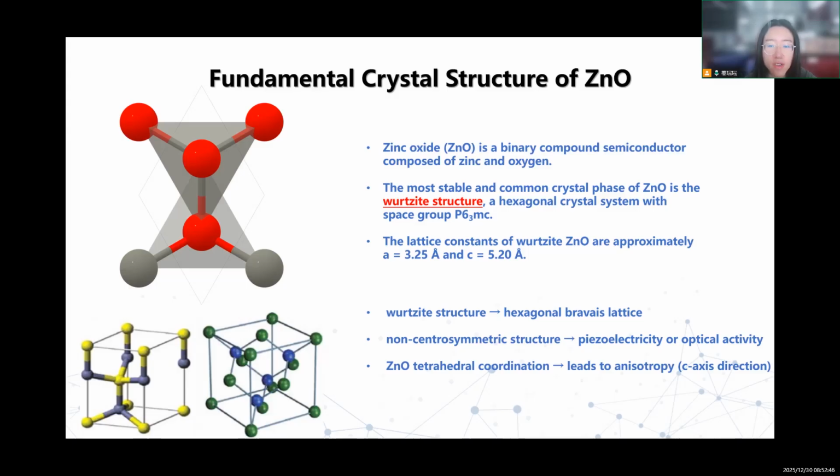The crystal structure belongs to the hexagonal Bravais lattice. The non-centrosymmetric structure gives zinc oxide special properties, like high piezoelectricity and optical activity. And the zinc oxide tetrahedral coordination leads to anisotropy along the c-axis, affecting the electronic and optical properties of zinc oxide.